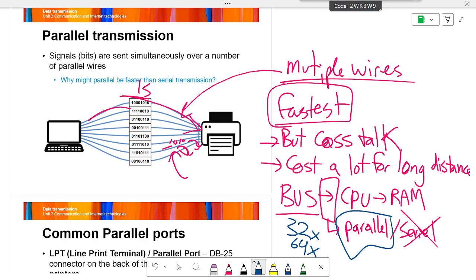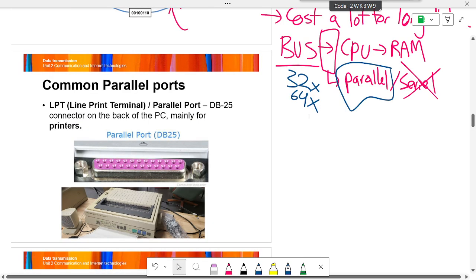And it's very close, so it's not too expensive. Okay, serial, parallel, no problem. Uma, how many wires are on your laptop? Any idea? What is your bus system? It's probably 64. 32 is like the old ones without multi-core, a long time ago. 64 is the common one now.